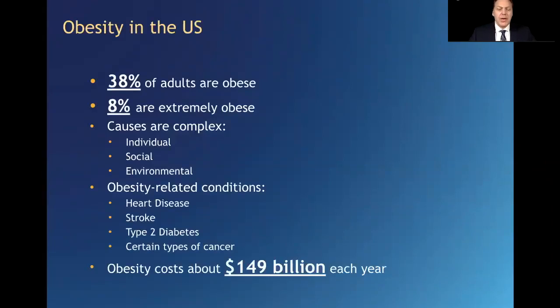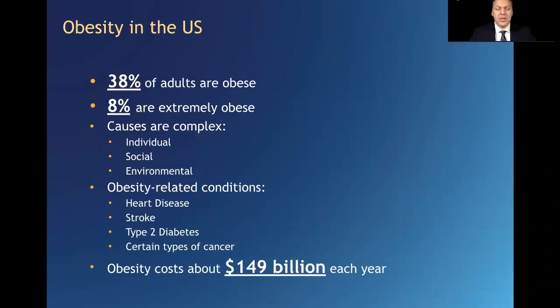Obesity has become a major health problem, not just in the United States, but all over the world. We have reached the point where nearly 38% of the adult population in the United States is obese, body mass index more than 30. And nearly 8% of all adults are extremely obese, body mass index more than 40.